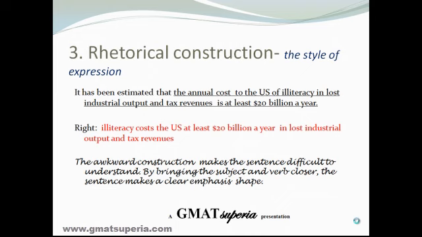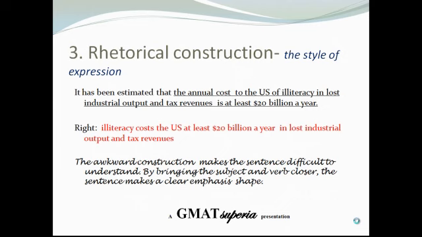Okay. Now, many a time, a sentence is given in such a way that we may find it difficult to understand what the sentence is emphasizing. Now, every sentence has something to convey. If you read this sentence, "It has been estimated that the annual cost to the US of illiteracy in lost industrial output and tax revenues is at least 20 billion a year."